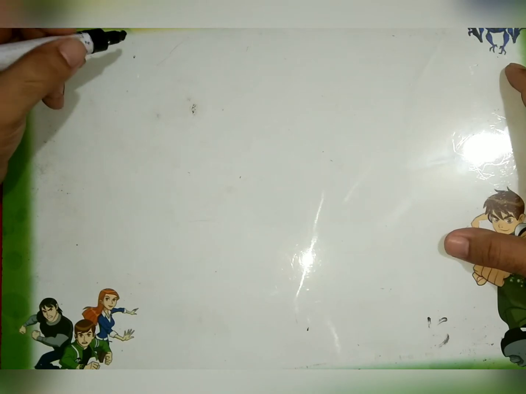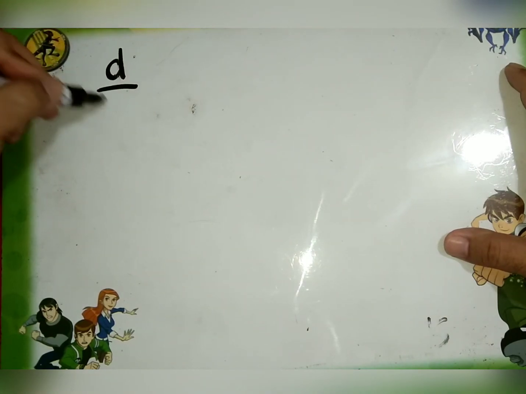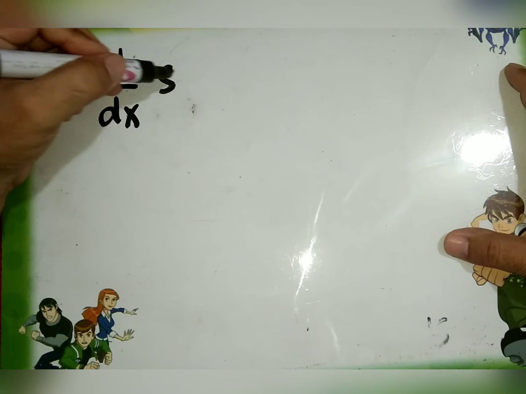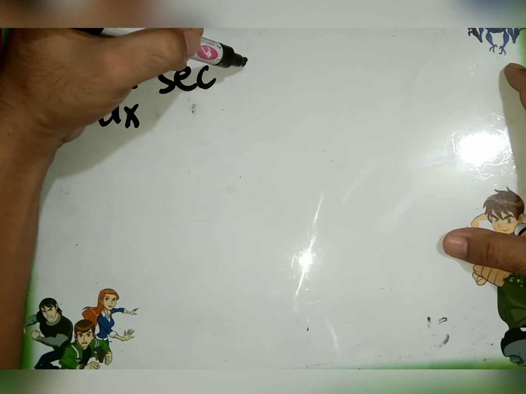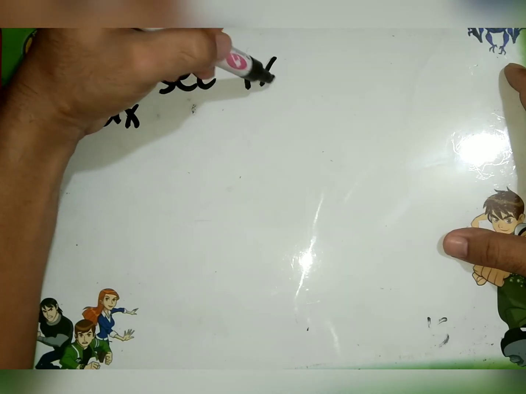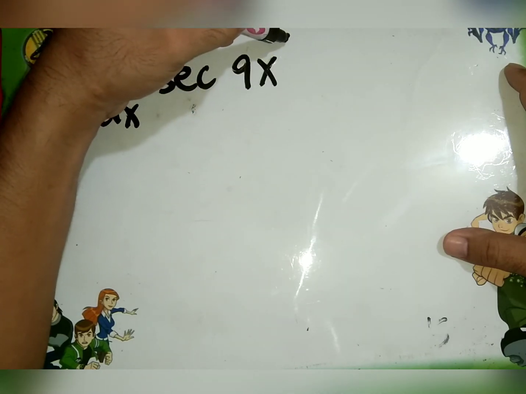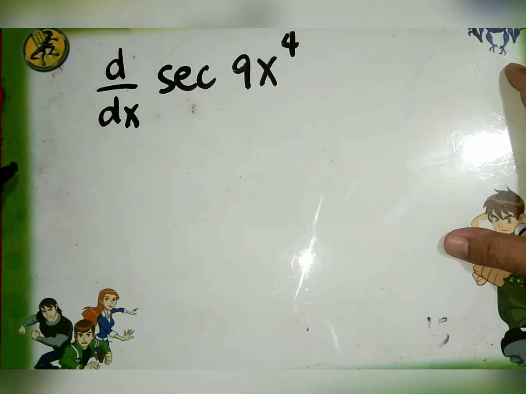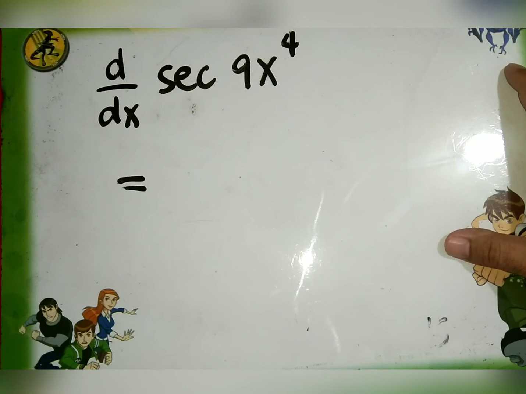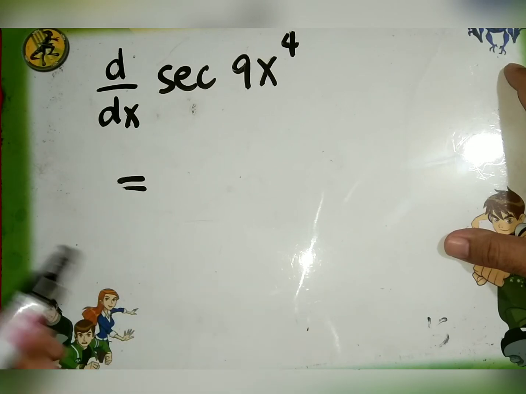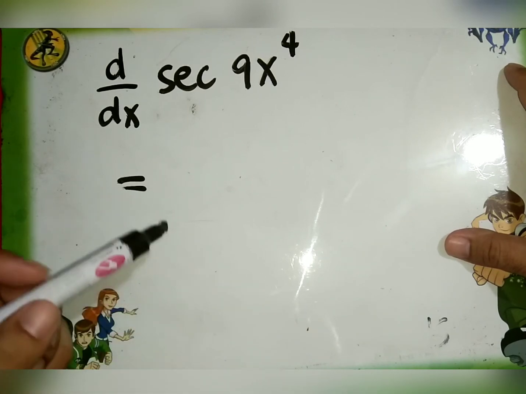Okay, another trigonometric function, secant, derivative of secant. So, what is the derivative of secant 9x raised to 4? Derivative of secant 9x raised to 4 with respect to x is equal to, ano ba derivative ng secant? Secant tangent. Okay? Derivative ng secant, secant tangent.